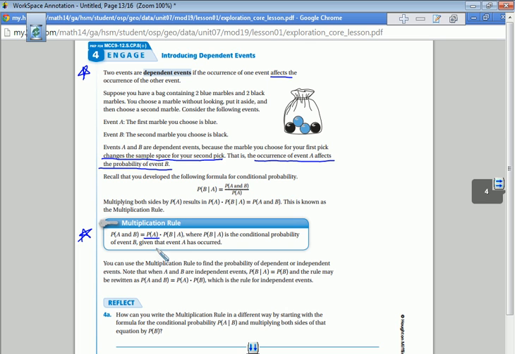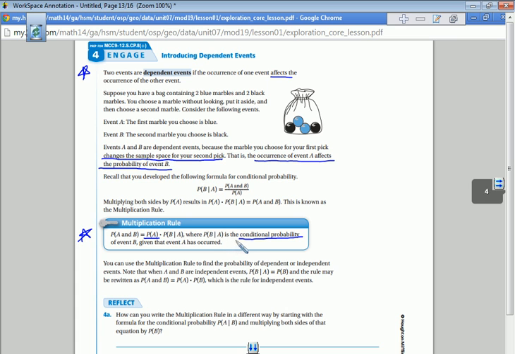We do the probability of A, and then the probability of B given that A has already happened. So it's the probability of A times the probability of B given that A occurred, and that is called a conditional probability.